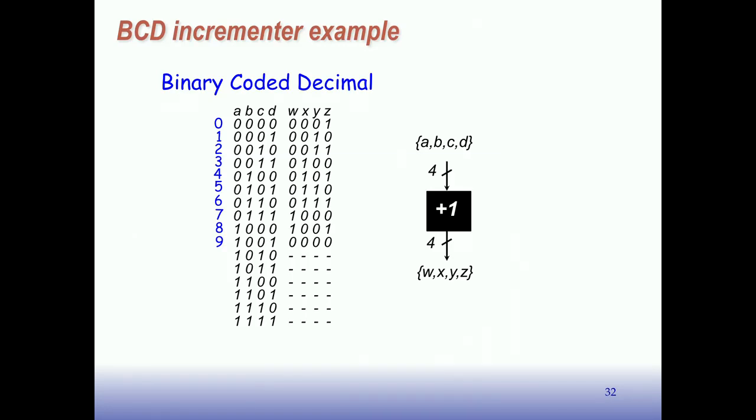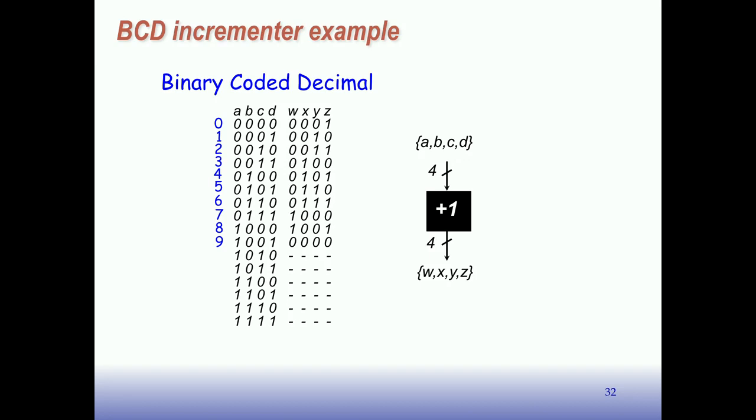Interesting thing here is that these values don't represent anything in binary coded decimal, but they're possible as inputs. They probably will never show up. In fact, if the circuit is used in the context of some computing machine that's computing with binary coded decimal digits, these combinations of A, B, C, and D should never show up.